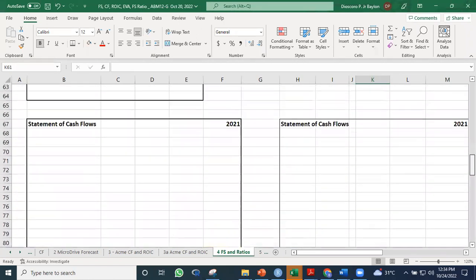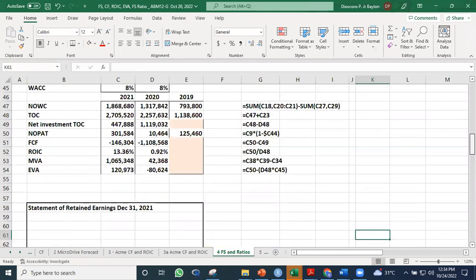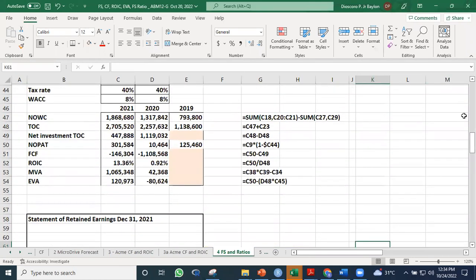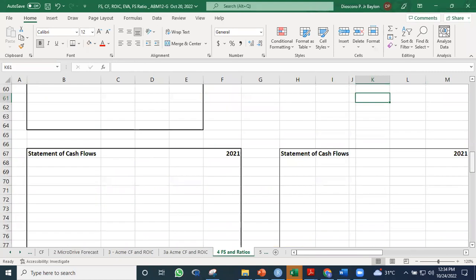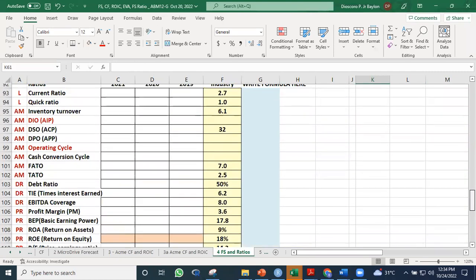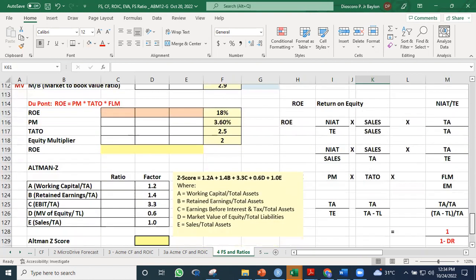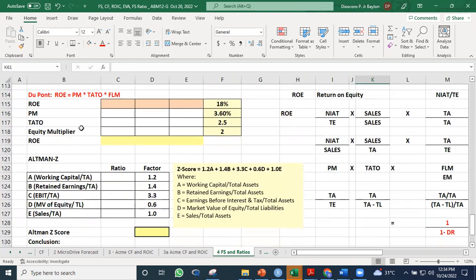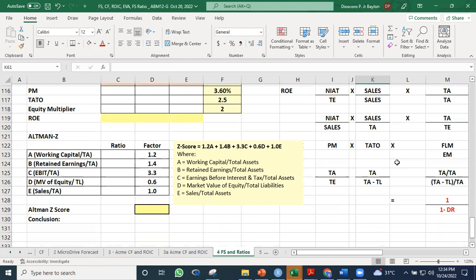Ginagamit pa rin siya kahit na may mas powerful na metrics like EVA, ROIC. Still, companies still use these metrics, itong mga liquidity, asset management, etc. Okay, and also the Altman Z. Altman Z will predict kung magiging bankrupt yung company in the next 2 to 3 years. That's what the Altman Z measures. All right, so let me stop recording.